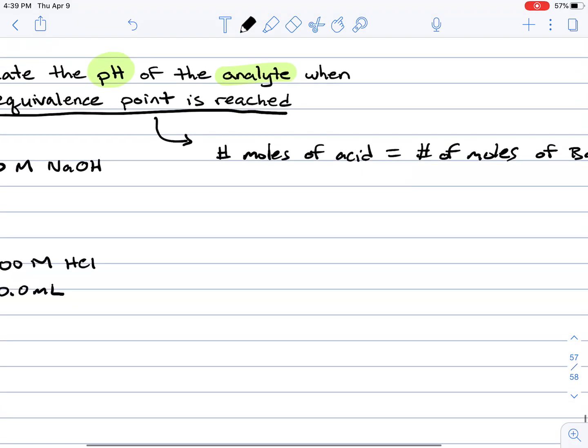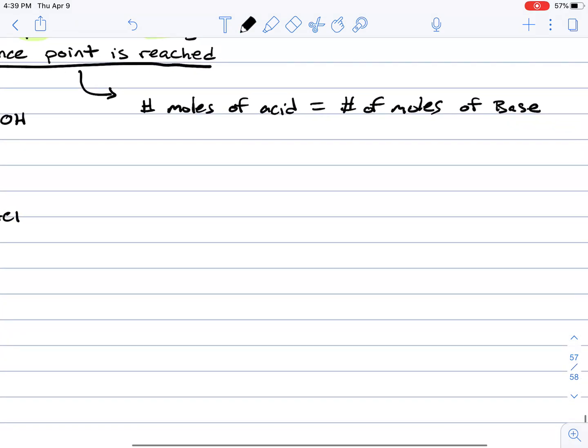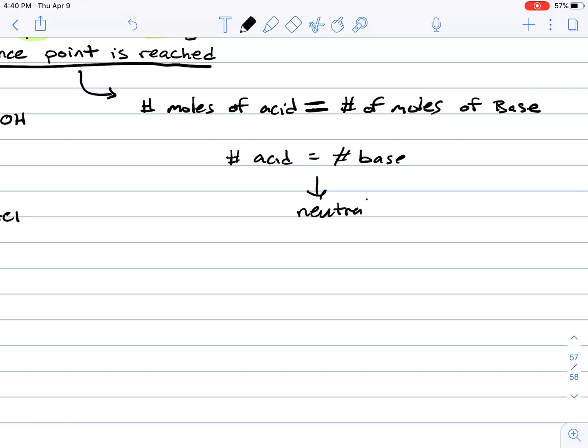And so when we reach the equivalence point, we have equal moles of acid and base. So in other words, the amount of acid equals the amount of the base, such that they neutralize each other.